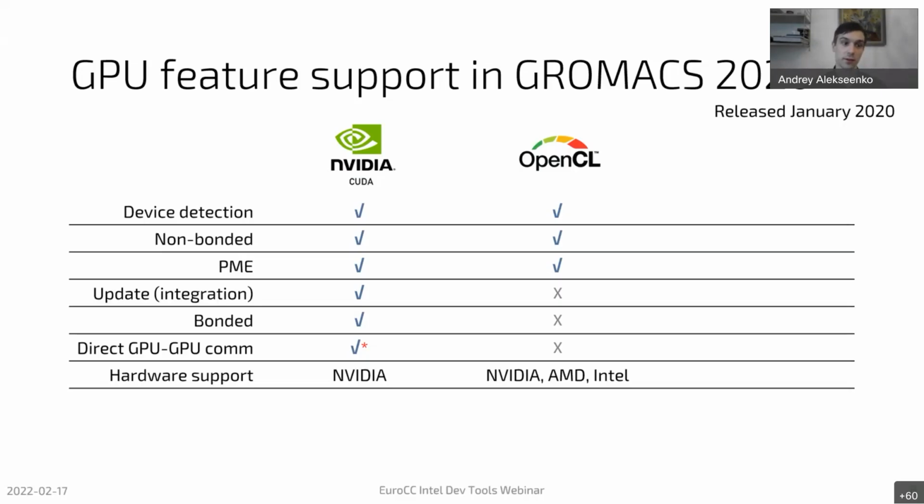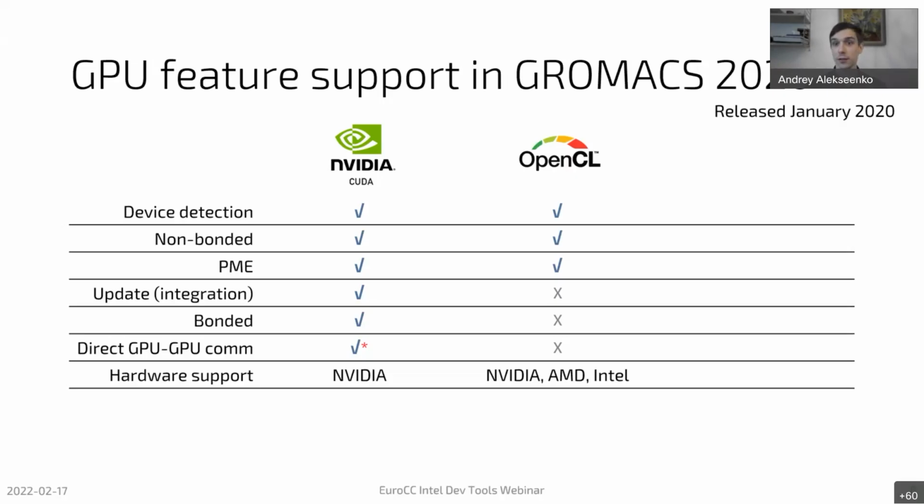Now, NVIDIA for a long time has been the market leader, so it was acceptable for most of our users. But we also supported OpenCL to target AMD and Intel hardware. It was much less developed. As you can see, far fewer features were supported on GPU with OpenCL, but it was very useful because it allowed us testing on more hardware, supporting more hardware. And as I said, GROMACS prides itself on being portable in theory and in practice as well.